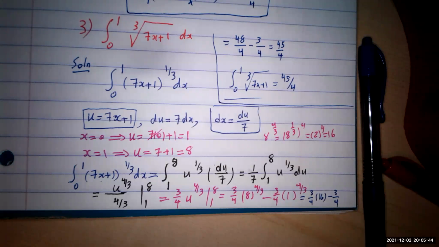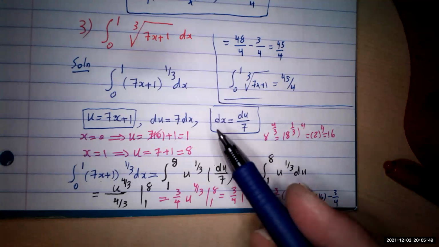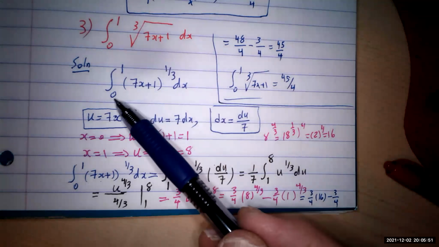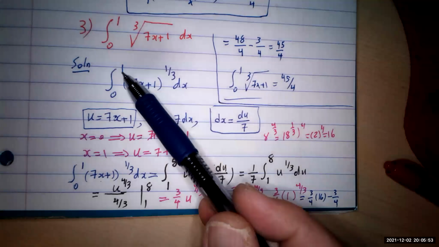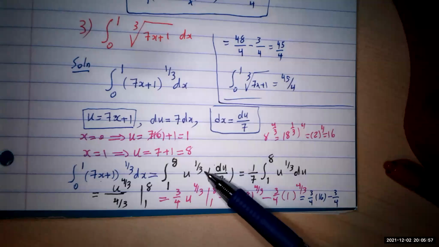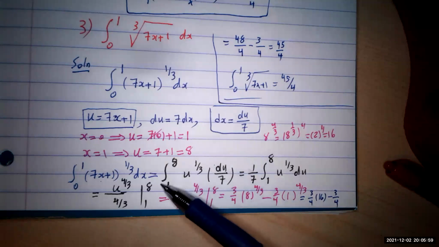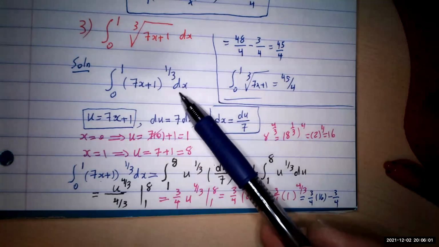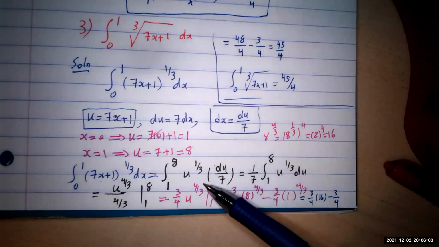So we do the substitution as we did before, but since the situation is different, you have a range for x, which is 0 to 1. You cannot use 0 and 1 over here. Some people make a mistake: when they go to u, they write 0 and 1. No, this is x, but this is u.